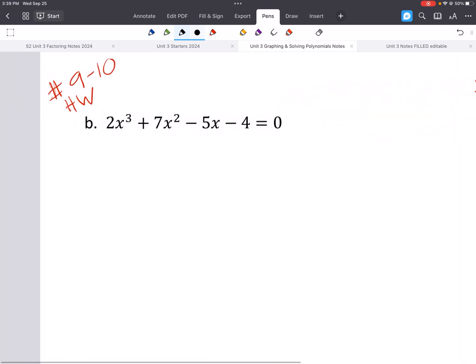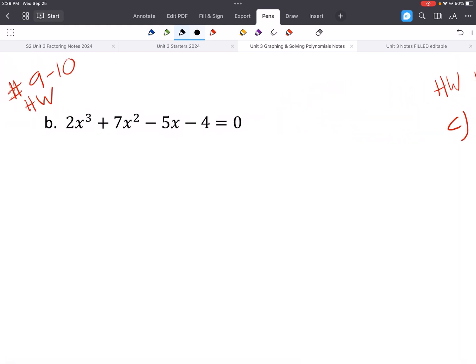Okay. So what's different here is the leading coefficient is 2. So if you ever have a leading coefficient, you'll probably have at least one of your roots be a fraction. So when we do this, what did we do? The P and Q, so P here is 4, Q is 2.